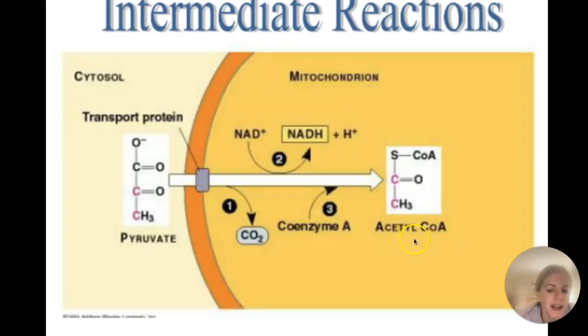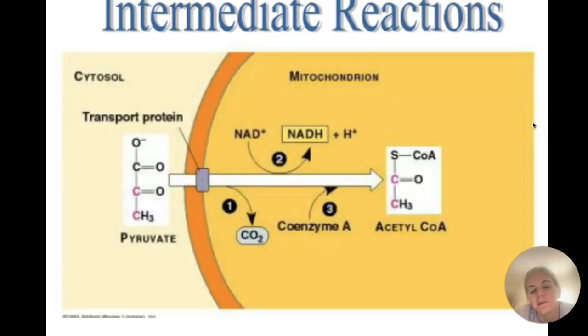And acetyl-CoA is going to be the molecule that can enter the mitochondria. But notice, pyruvate has 1, 2, 3 carbons, and acetyl-CoA only has 2 carbons. So one of the byproducts of this reaction is a carbon dioxide molecule is released, and we also release a molecule of NADH. Again, that NADH will be saved for later.